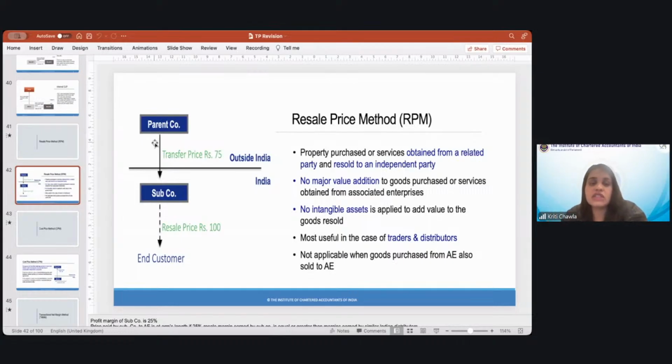Then you need to justify that this transfer price, which is the controlled transaction between the parent company and the subsidiary company, is at arm's length. How will you justify that? Well, if you are able to show that the profit made by the subsidiary company is also the profit made by other parties in similar situations, you would be able to justify that. So that is the resale price method.